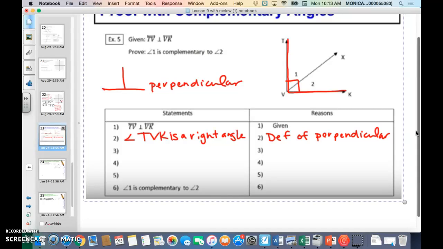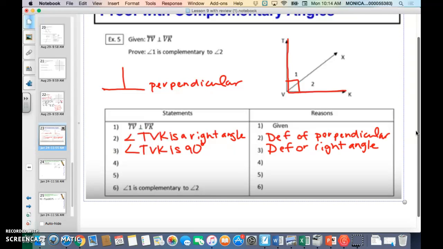So now that we know it's a right angle, we can now say that TVK is 90 degrees. And we can say that because of the definition of right angle.